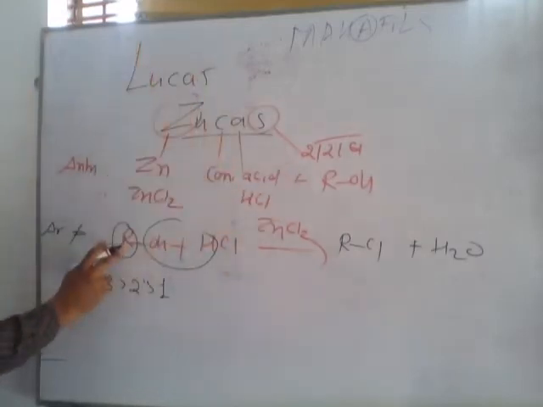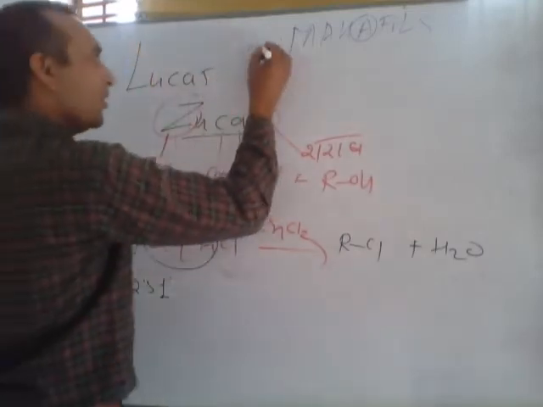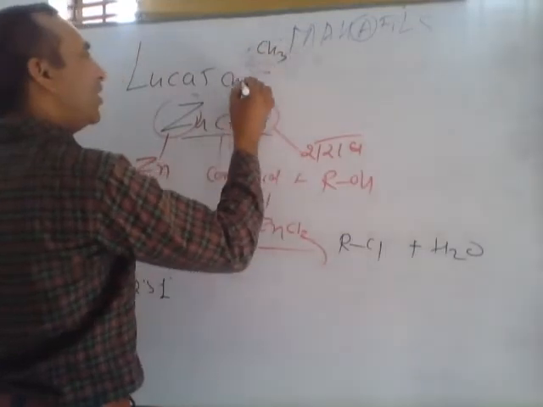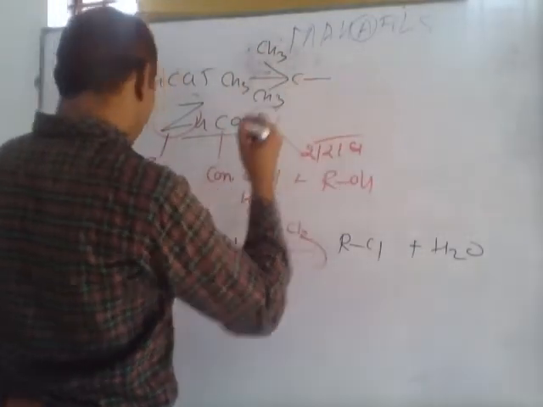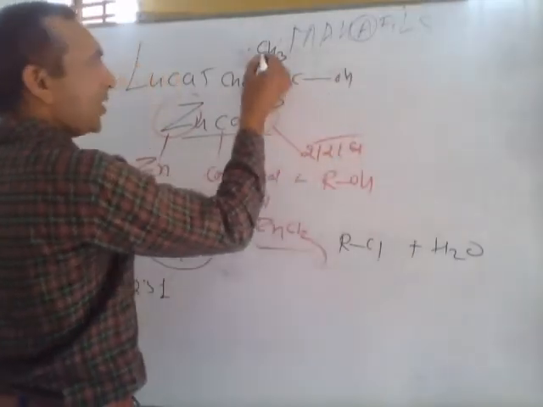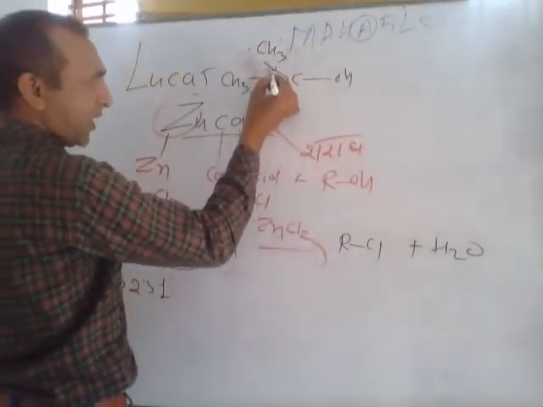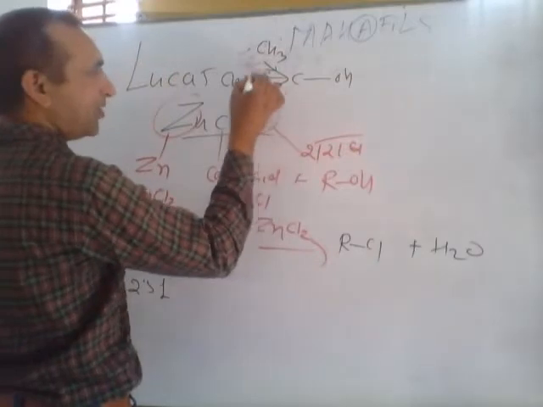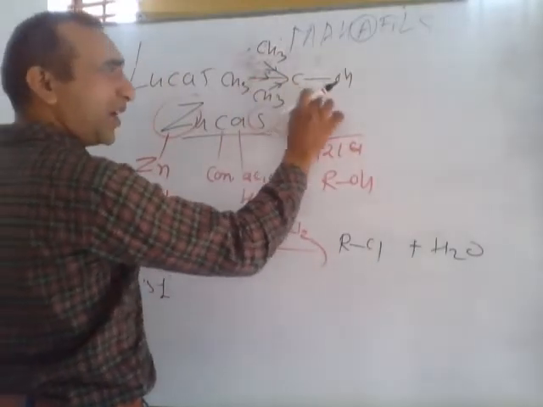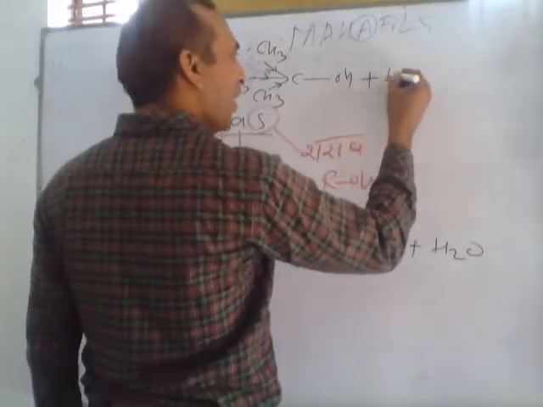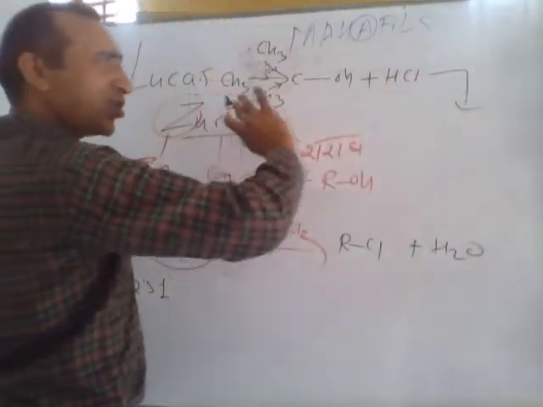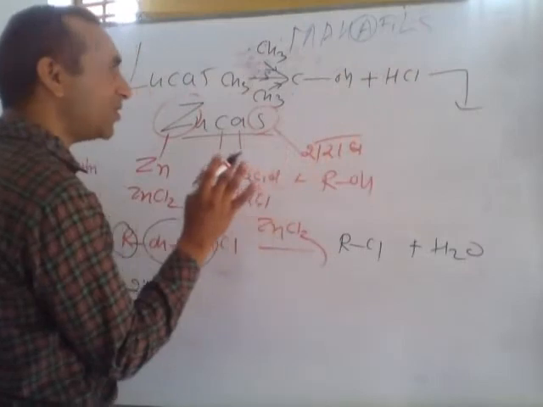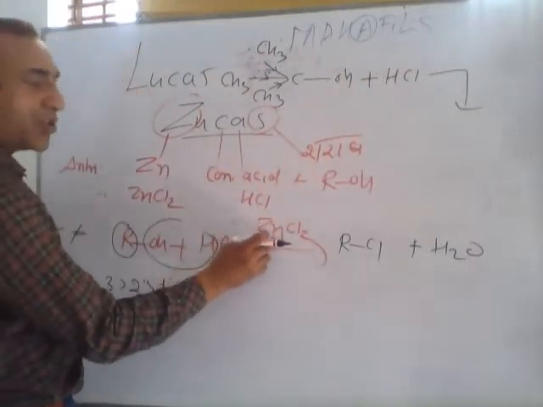If we are using tertiary, do you know the meaning of tertiary? Here CH3, CH3, CH3, C, and OH. These three methyl groups, due to the plus inductive effect, increase the reactivity. In the tertiary case the reaction is so fast that a catalyst is not required.